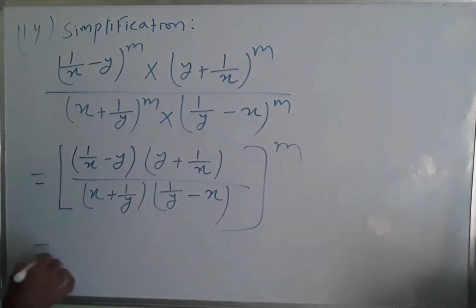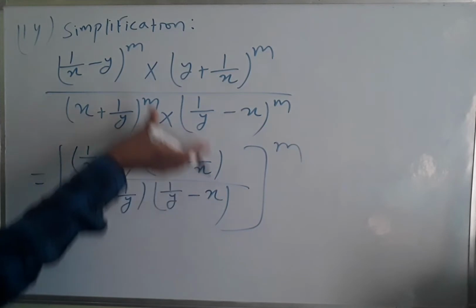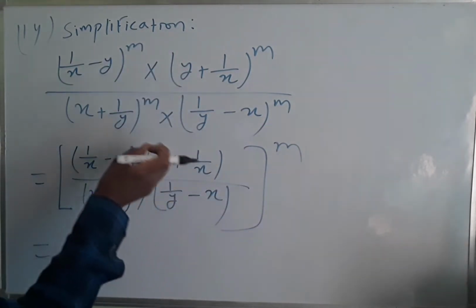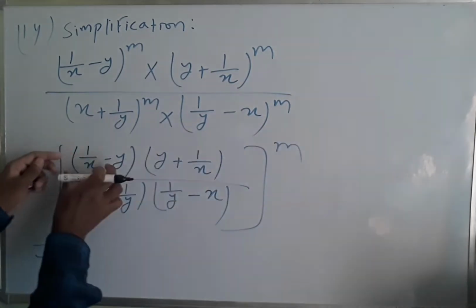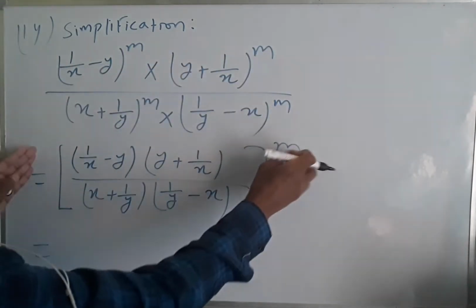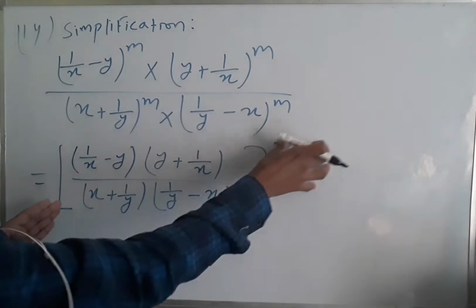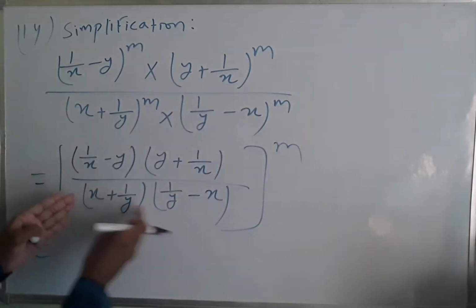Of course, you might have understood. If you haven't, this thing is obviously equal to this. How come? Because you have the same power, meaning you can write this as the multiplication and this as the power, I mean the exponent. Here also the same thing.